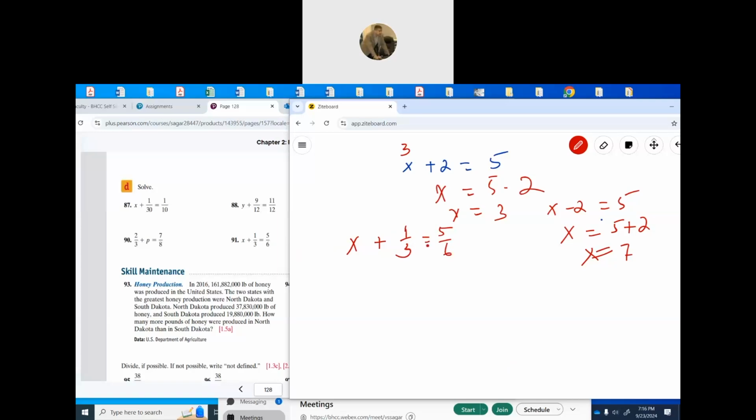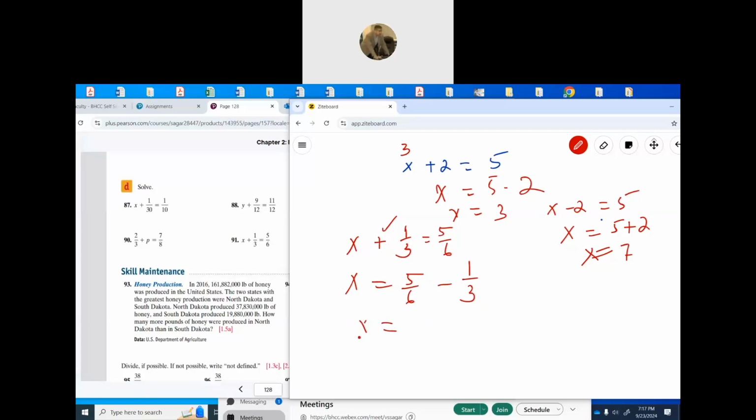Now what are we going to do here? x is right here. I'm going to take this number to the other side. I have 5/6 here. When you take this number to the other side, this is positive here, the other side is going to be minus. Negative 1/3.